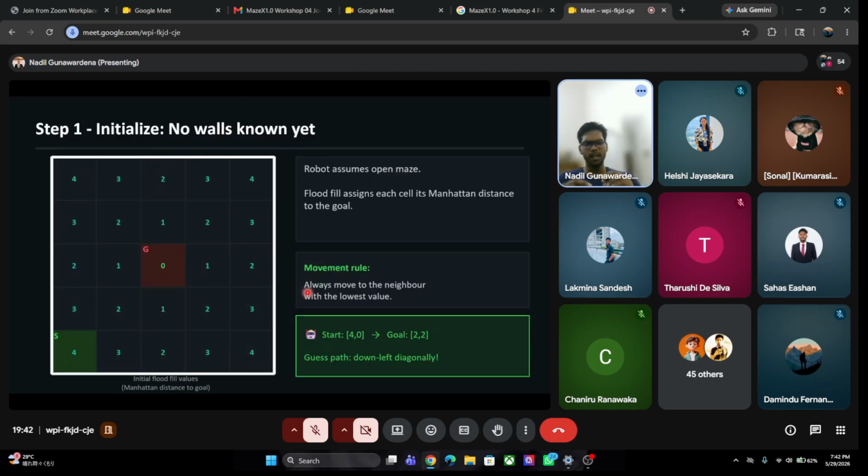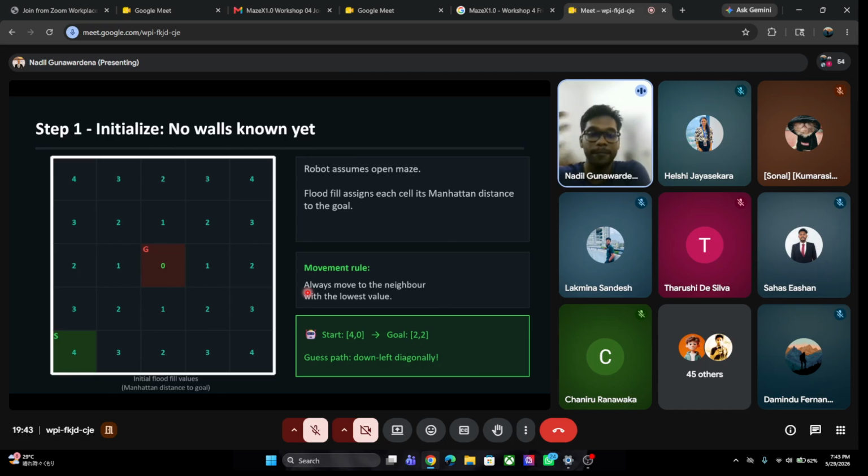Let's apply this algorithm to the micromouse. In the previous slide, I didn't mention this: at first, the mouse doesn't know where the walls are, right?